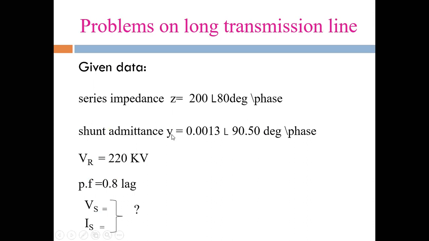And Y is equal to G plus jB, that is equal to 0.0013 at an angle of 90.50 degrees per phase. This is the series impedance and shunt admittance. Also in the question we have VR, that is 220 kilovolts, and the power factor is 0.8 lagging.